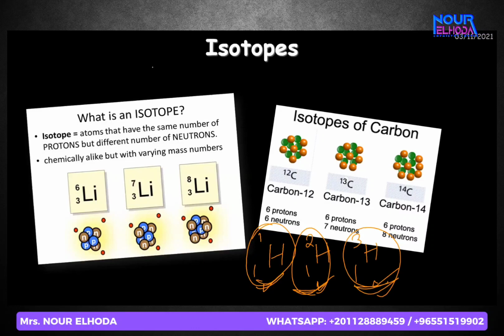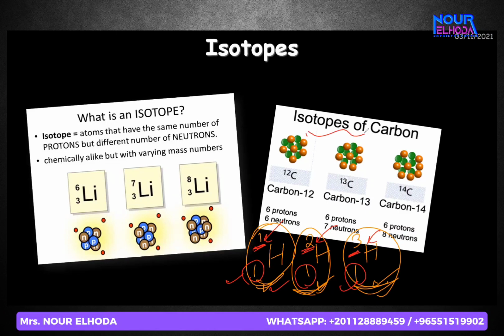All of them are isotopes. The difference is that all of them have the same atomic number, but the mass number is different. All of them have atomic number 1, but the mass number differs. Here it's 1, here it's 2, here it's 3.